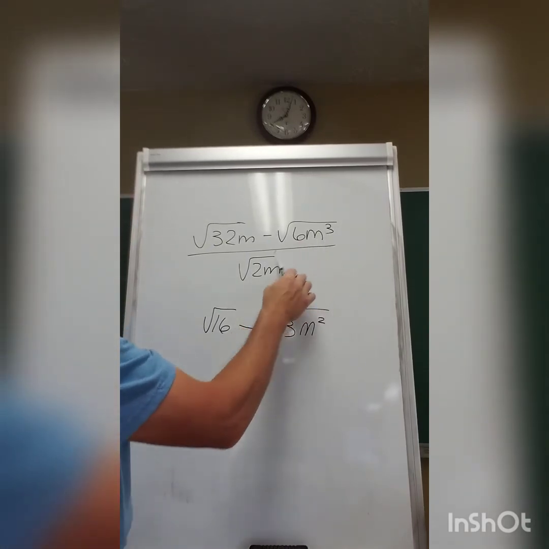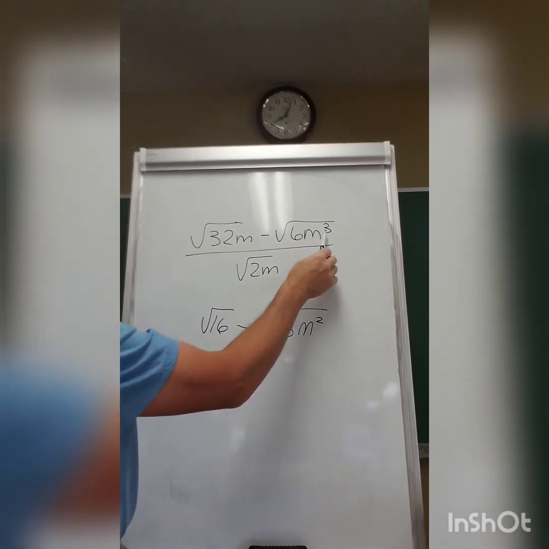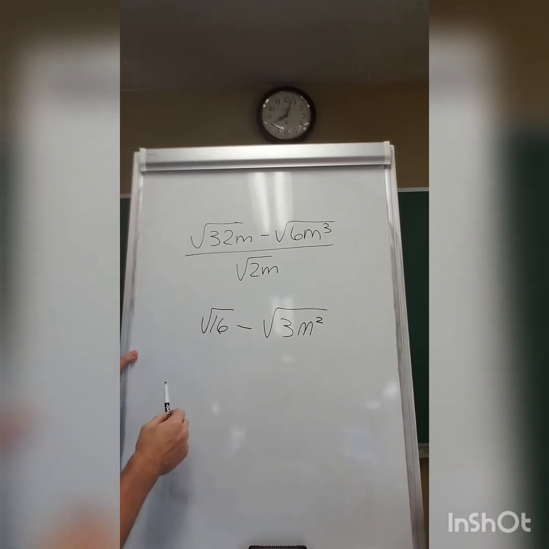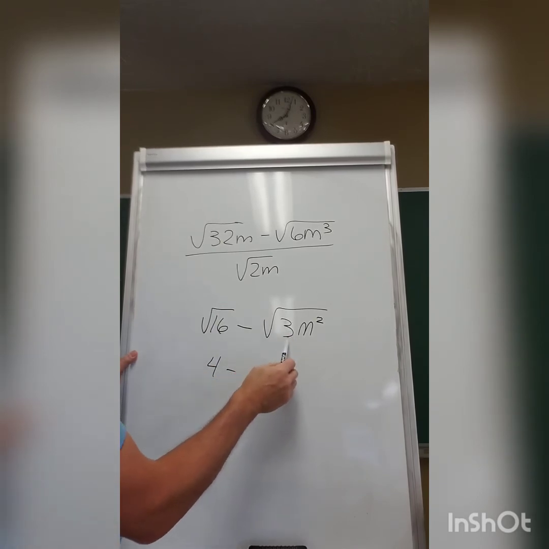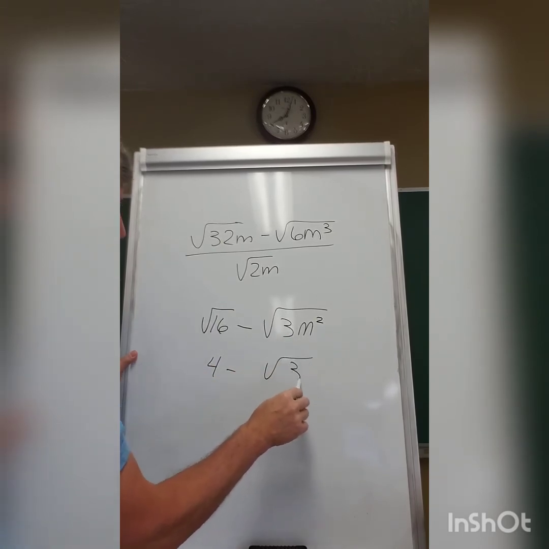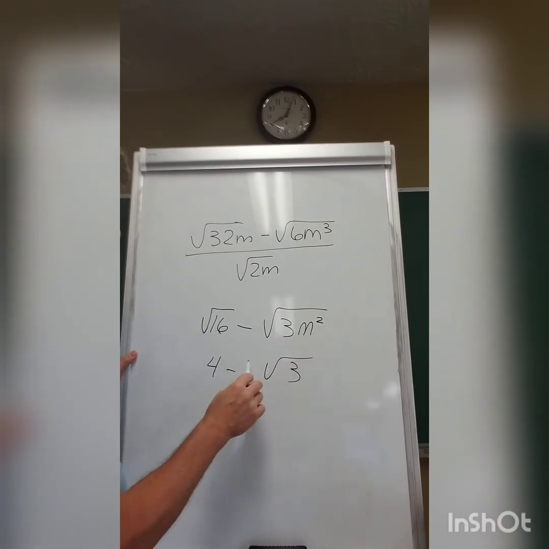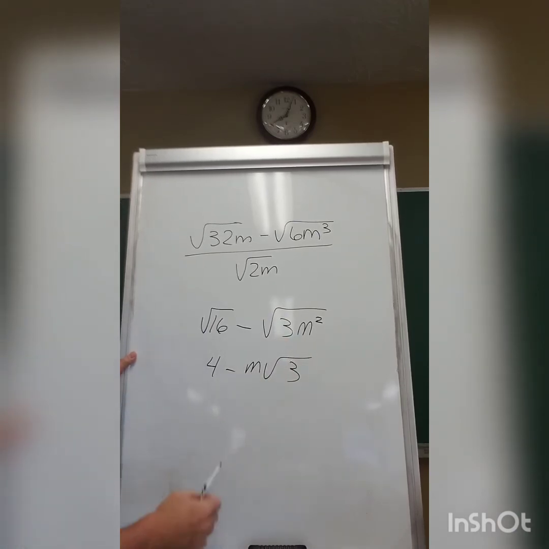When you divide, subtract the exponent. So m to the 1 minus m to the 3 is m squared. And now these are perfect squares because the square root of 16 is 4. The 3, there is no square root for it, so you leave it there, but the square root of m squared is m. So there's your final answer.